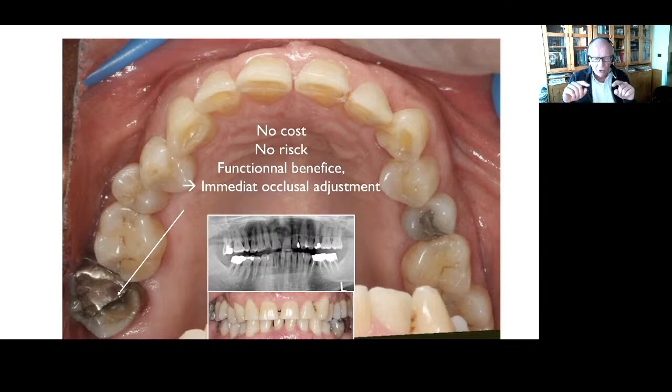When you do this type of treatment, you have to give an explanation to the patient before grinding the teeth and say to him, there is a problem on this tooth, but it is not the real cause of your problem, of your pain, of your migraine, of your tinnitus, and so on.